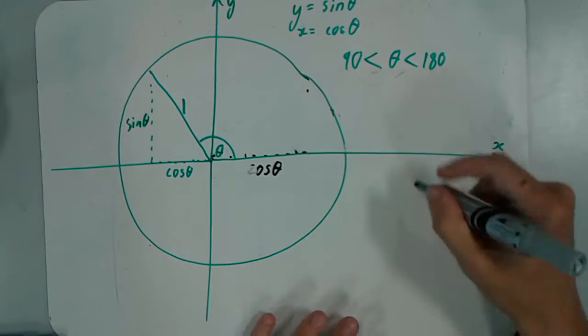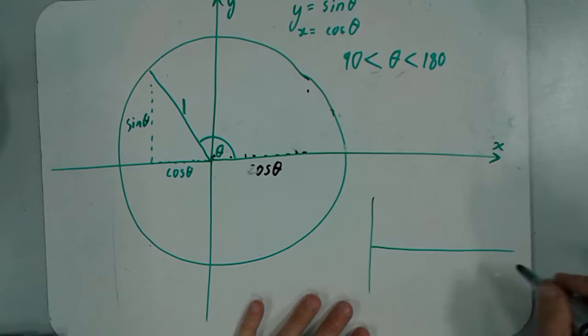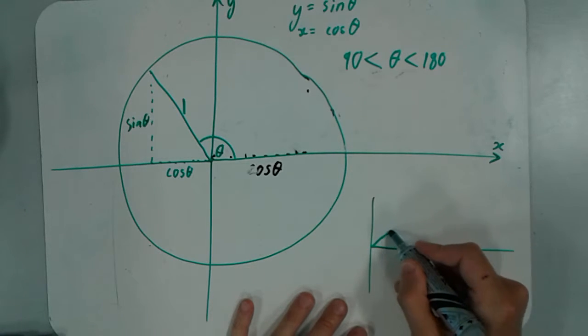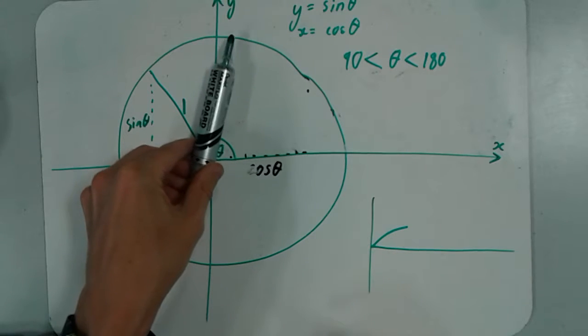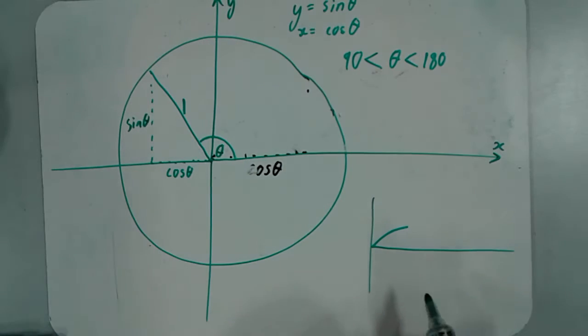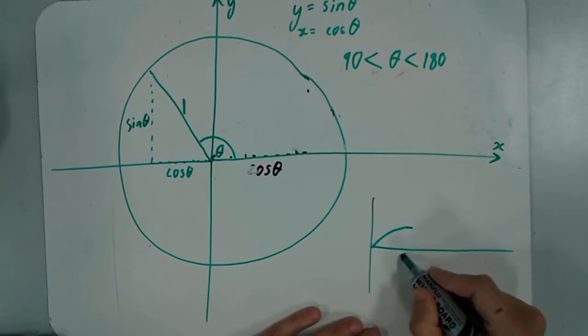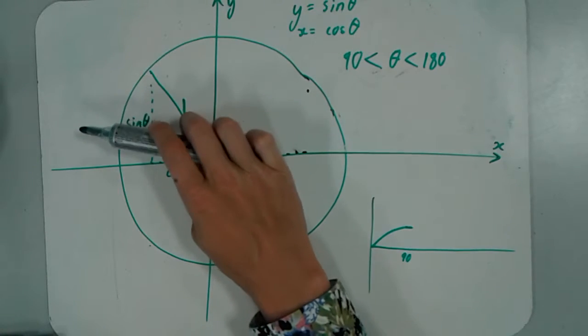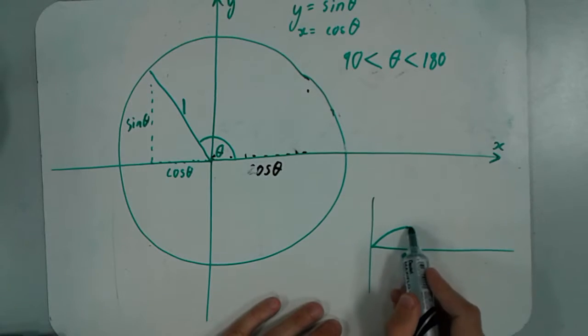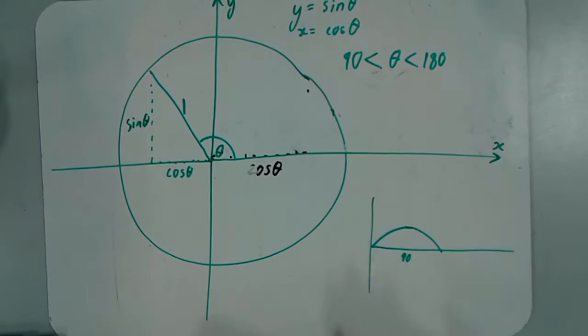Okay? If we think of the graphs, that explains why sine theta increases. So as we increase theta, the y value increases and increases and increases until we reach 90, which is where we have a maximum point, and then it starts to decrease again until it reaches 0 at 180 degrees.